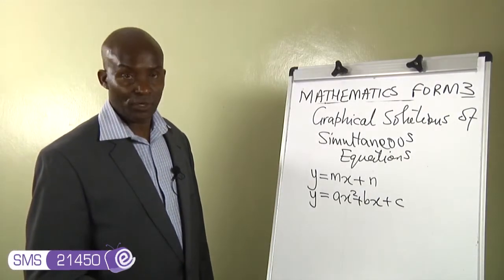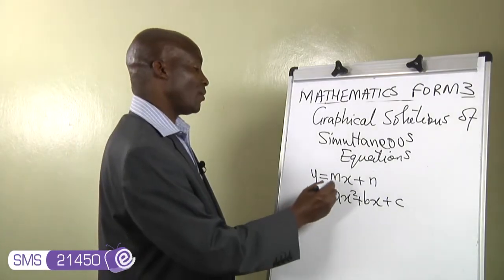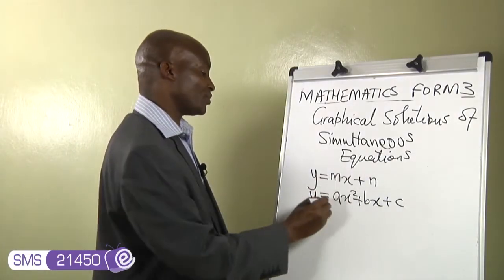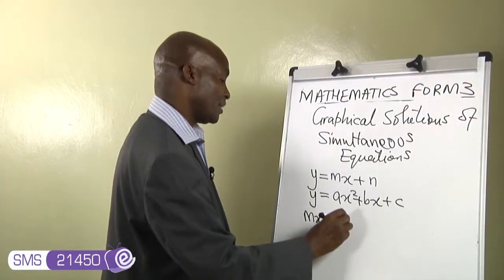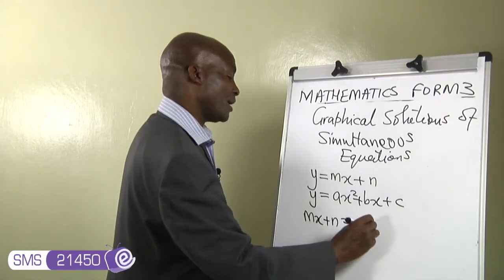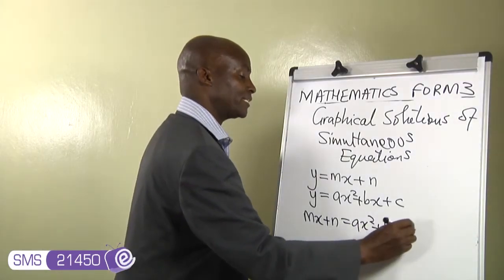to solve by substituting the first equation in the second, so that you have mx plus n equals ax squared plus bx plus c.